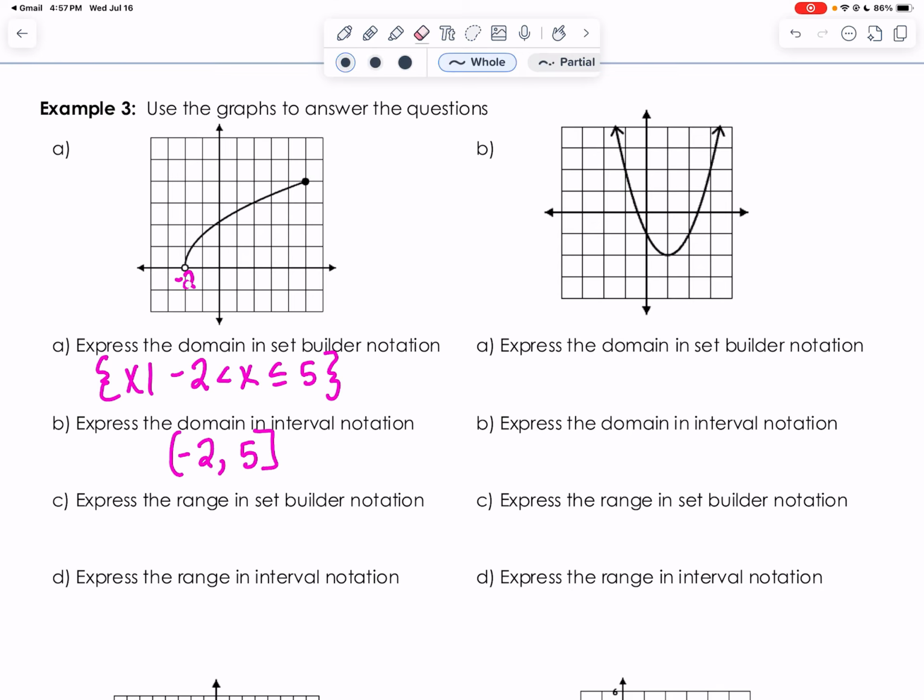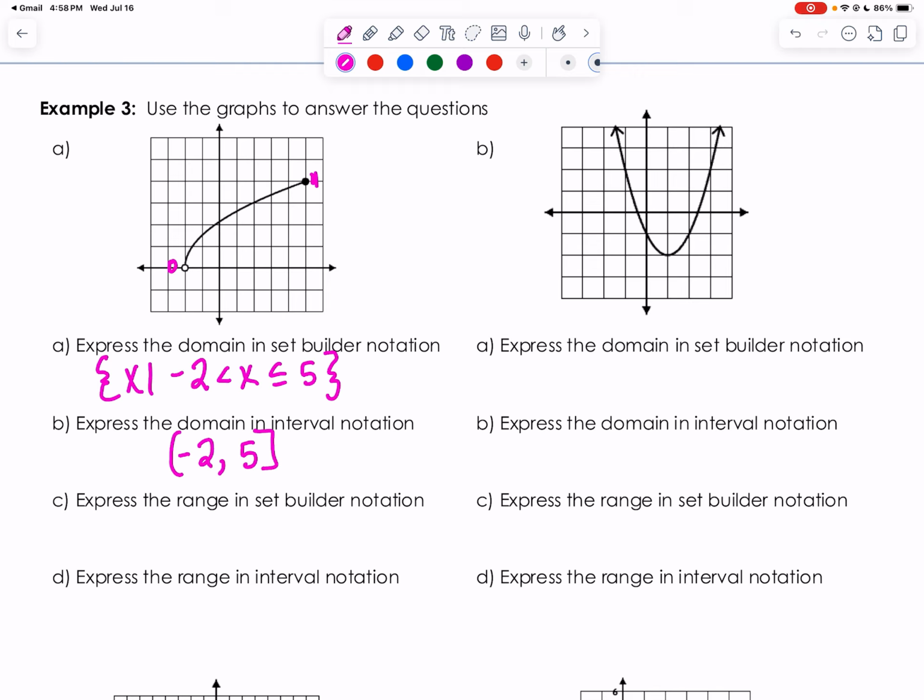Now, for the range, we're going to look at our y values. So, our smallest y value is at 0, and our largest y value is +4.